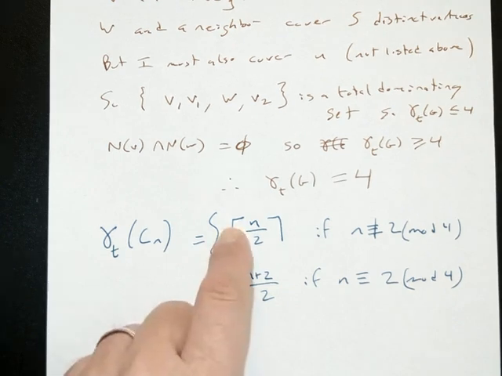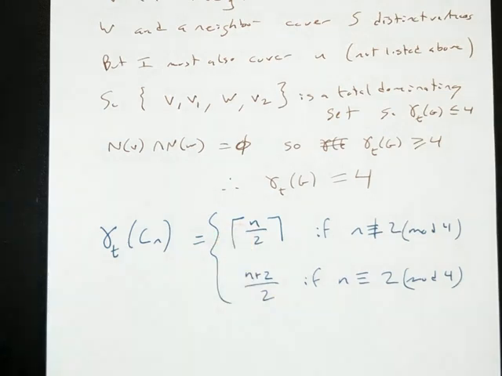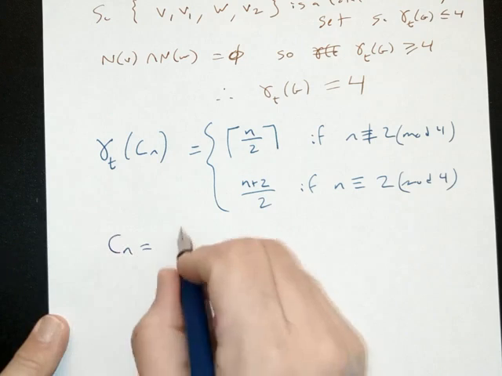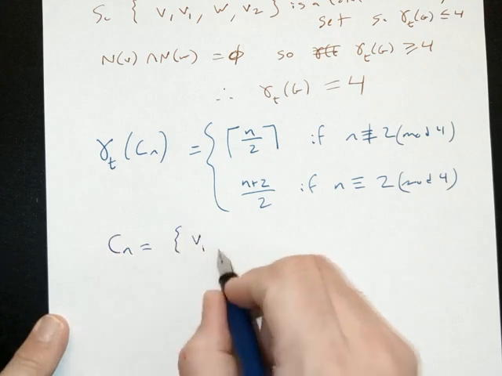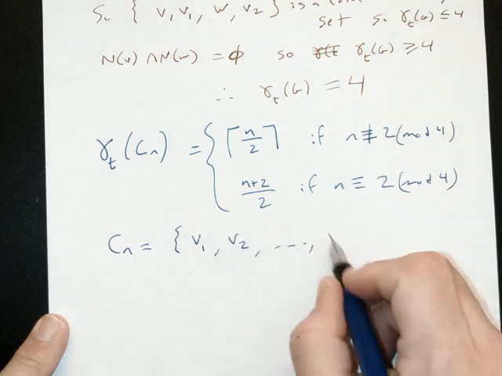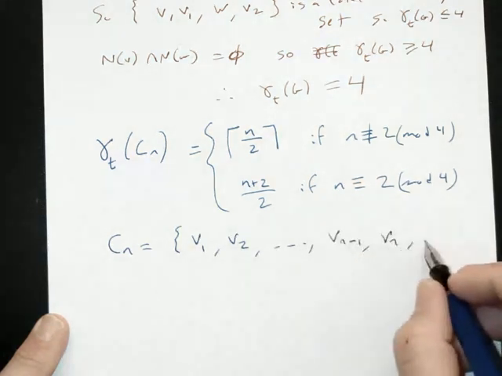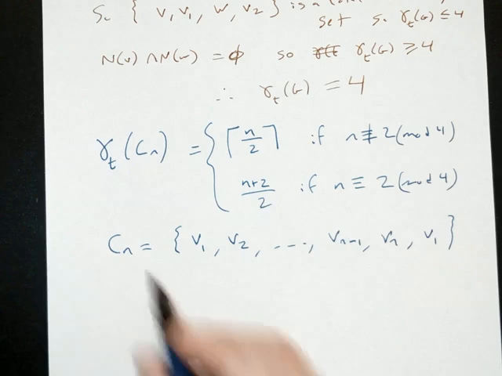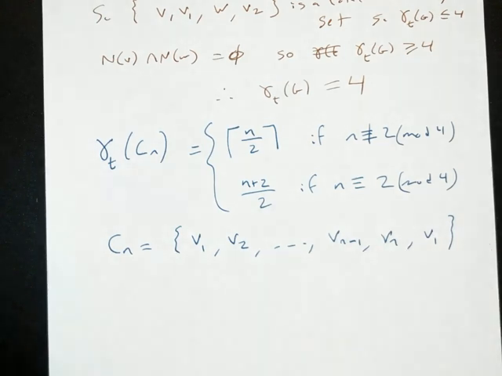Well, these 3 cases are all actually pretty easy. So let's count this out. As I just said, any 2 adjacent vertices gives you a covering of 4. I want to think of the vertices as adding mod n, but I'm going to use 1 through n instead of 0 through n minus 1.